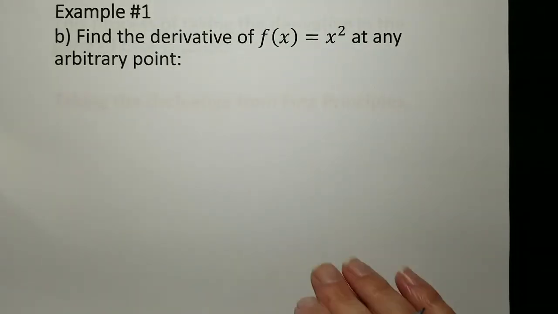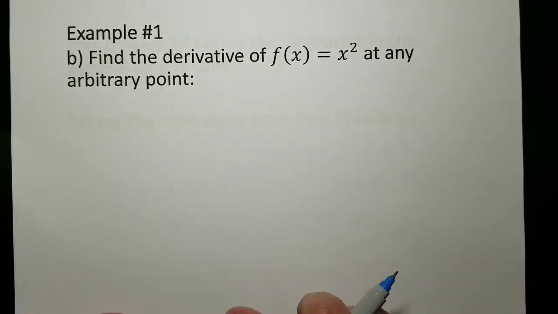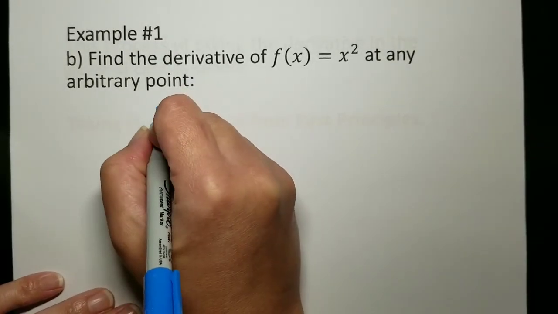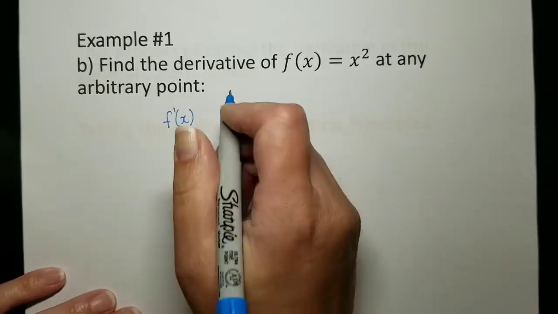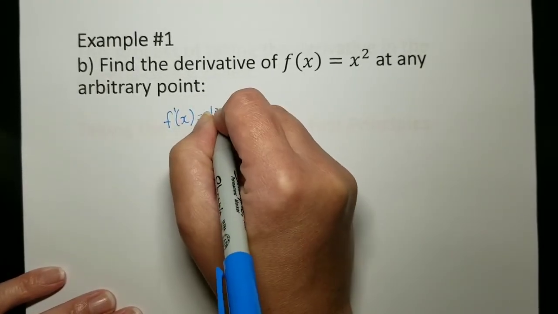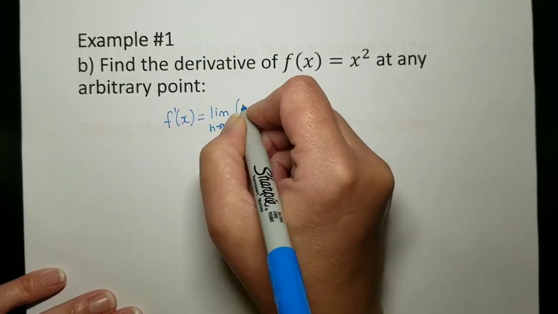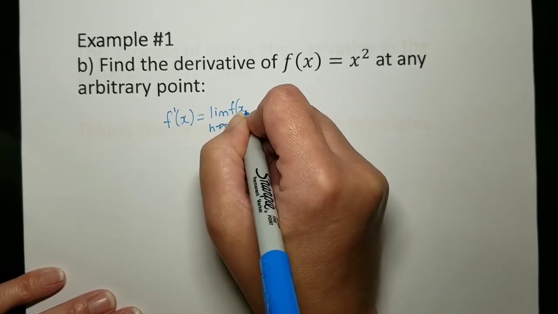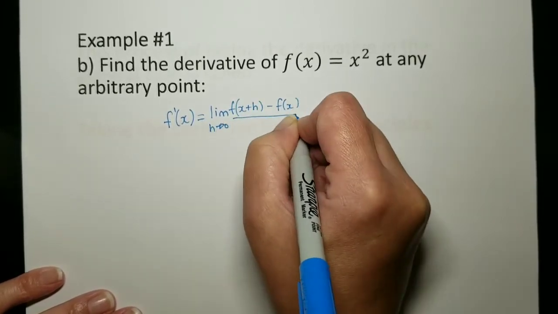So here we want to find the derivative of this function at any point, any arbitrary point. So I'm going to say that the derivative of this function, so f prime at x, will be the limit as h approaches 0 of f at x plus h minus f at x over h.